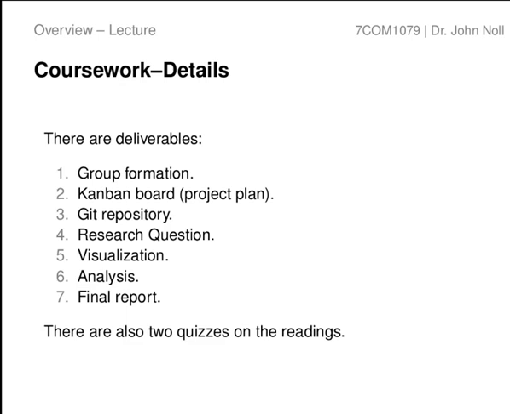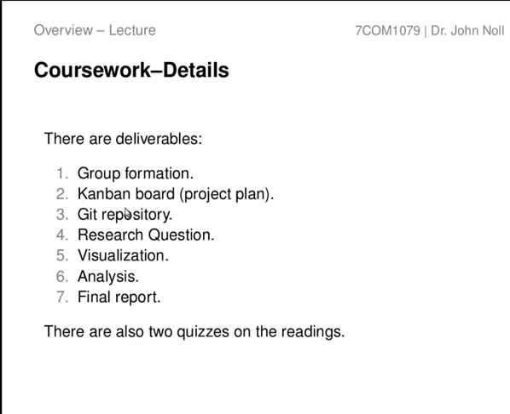Okay, now, we've gone over the coursework a little bit already, but this is a list of the deliverables, pretty much one a week. The first deliverable is forming a group of 5 people. The second is to create a Kanban board for your group that comprises your project plan. Then you have to create a source code management repository using Git and Bitbucket.